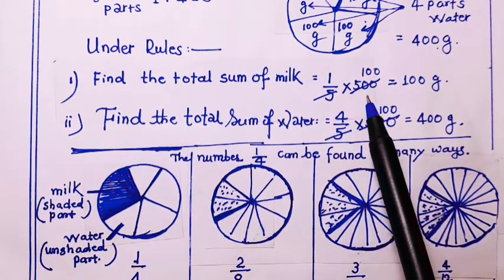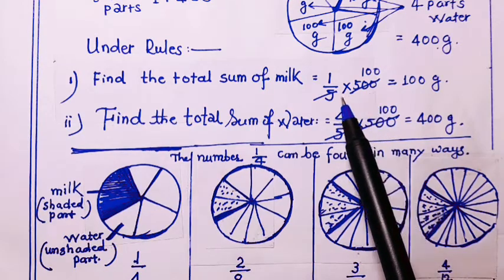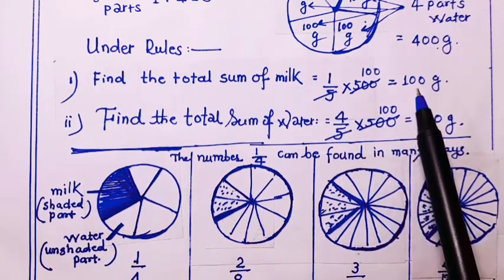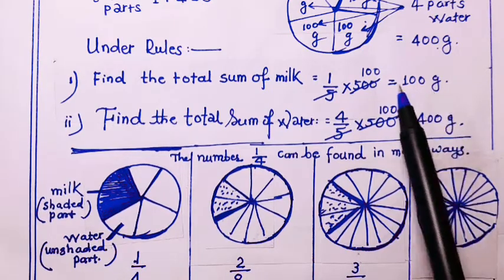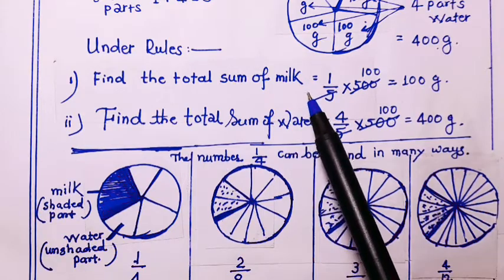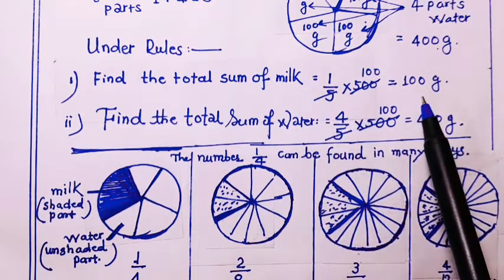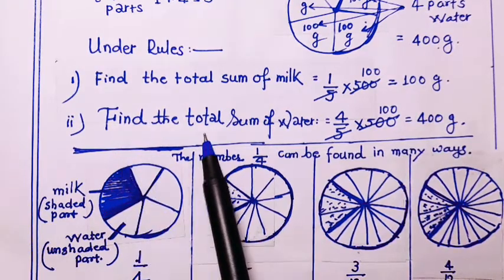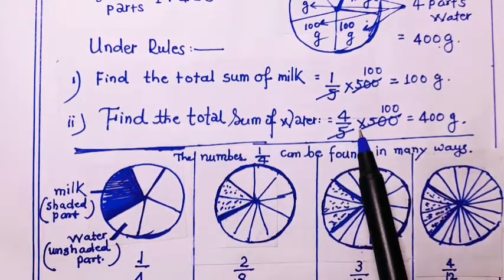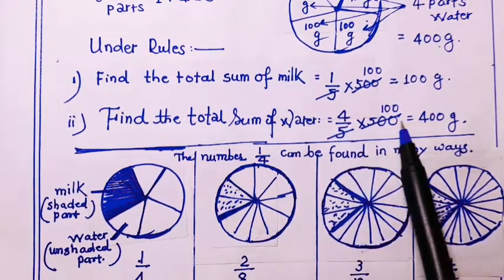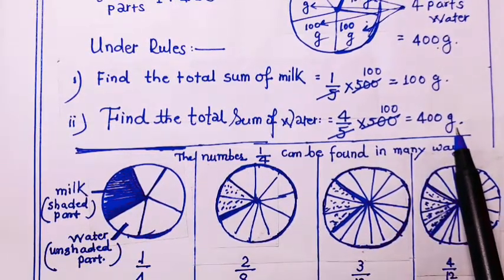Multiply by 500, the whole part, and in the end we get 100 grams. It means 100 grams of milk. This is according to the rule, and here we find the total quantity of water: 4 by 5 into 500. So 4 parts water means 400 grams of water.